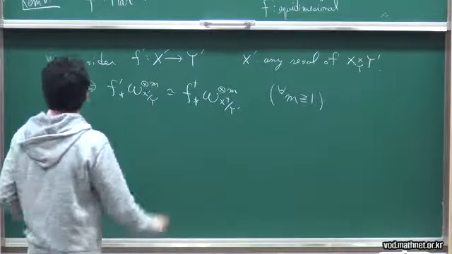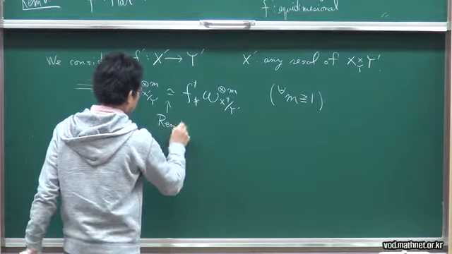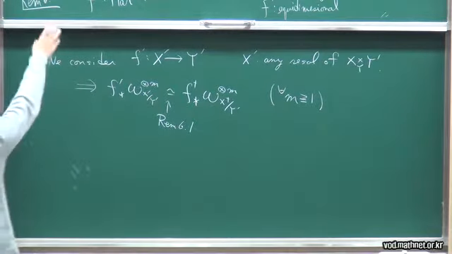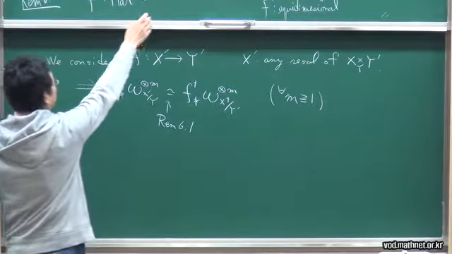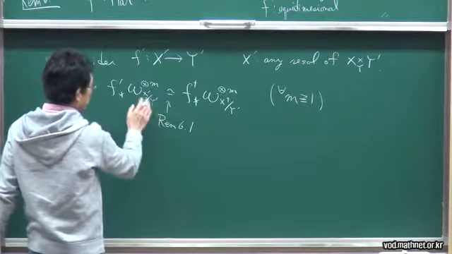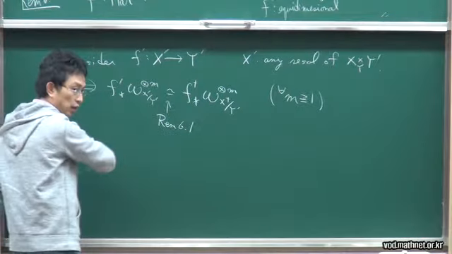This follows from remark 6.1. X dagger is Gorenstein and only has canonical singularity, so this is canonically isomorphic to this one.